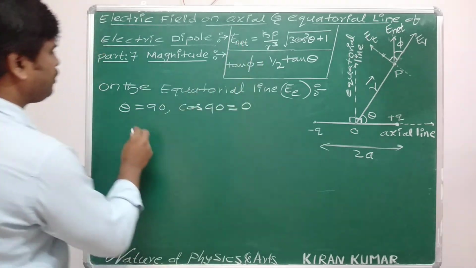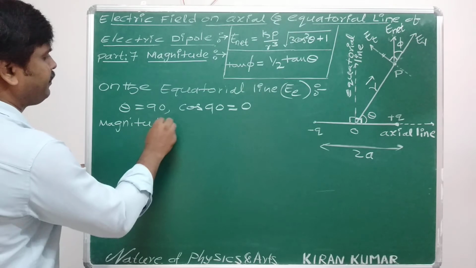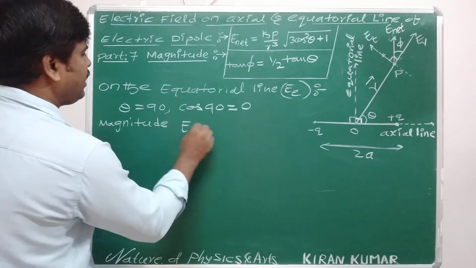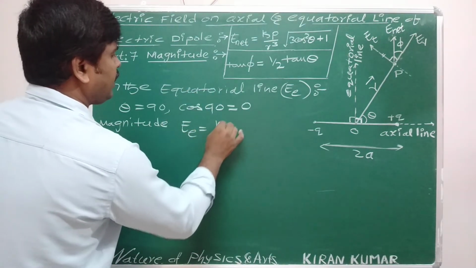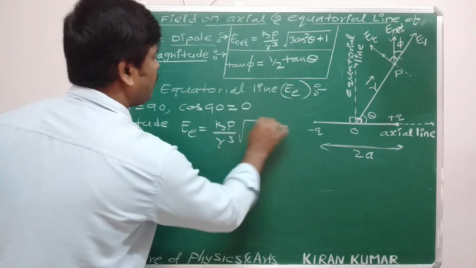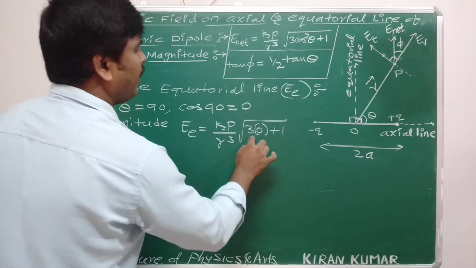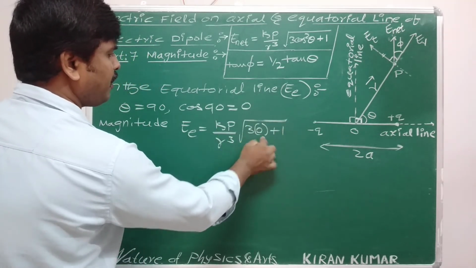Now the magnitude equation. E_E is equal to kP divided by r cube root over 3 into 0 plus 1, because cos 90 is 0, and 0 into anything is 0.